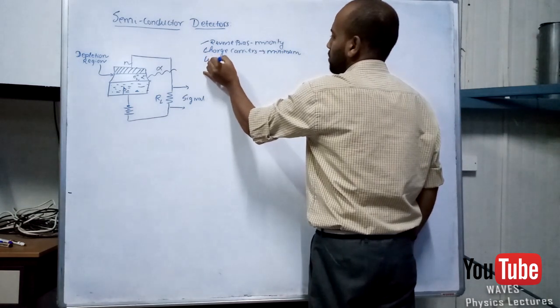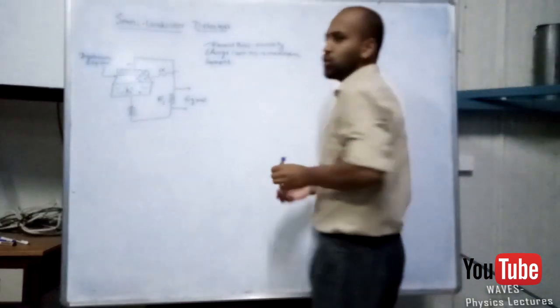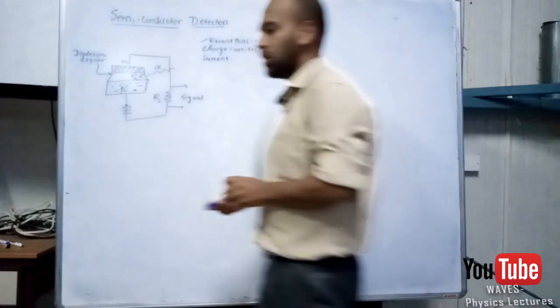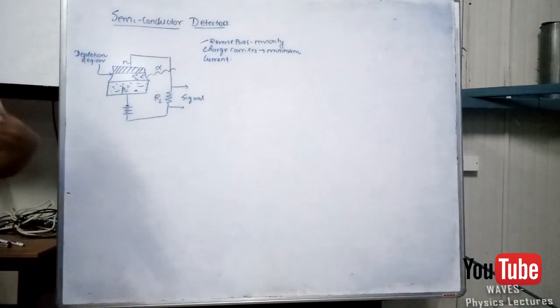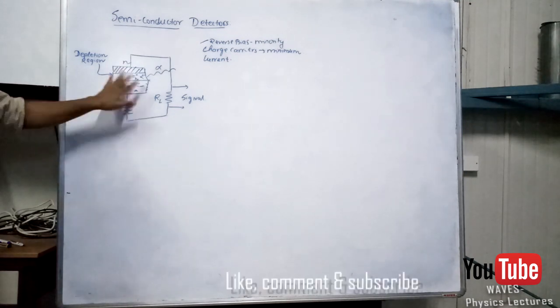This is a happy situation for me because I want the system to work, I want the system to conduct, but I don't want it to have its own current, because I want to detect a signal.